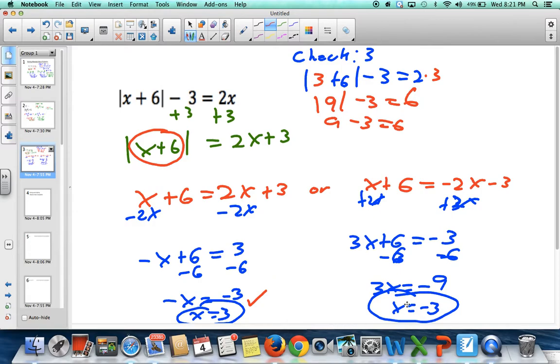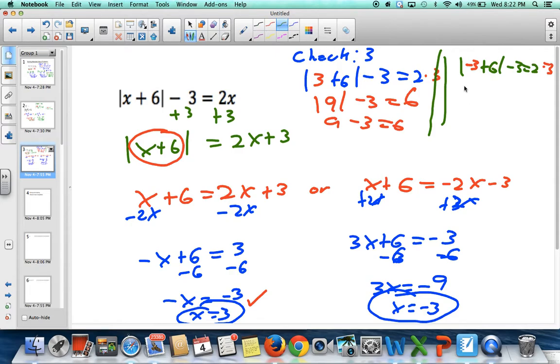Negative 3, we're going to check negative 3 right now. So I'm going to say the absolute value of negative 3 plus 6 minus 3 equals 2 times negative 3. Hopefully you can read that.